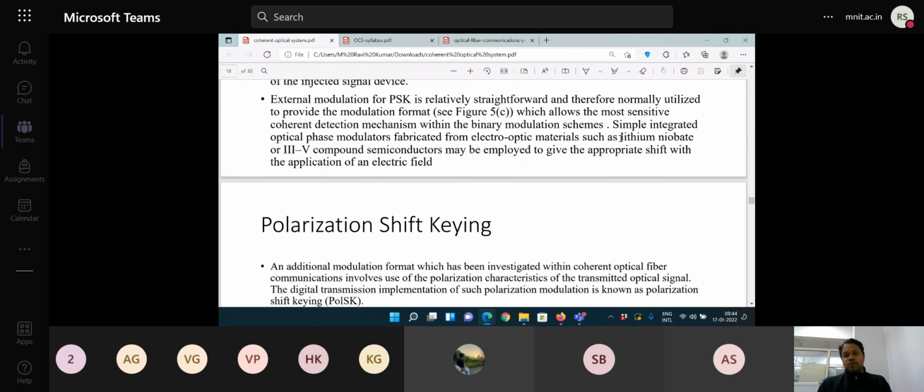So that electro-optic modulator, which gives amplitude shift keying, also uses phase shift to implement the amplitude shift keying. So if one has to use phase shift keying, a part of that amplitude shift keying device can be used to get the phase shift keying.